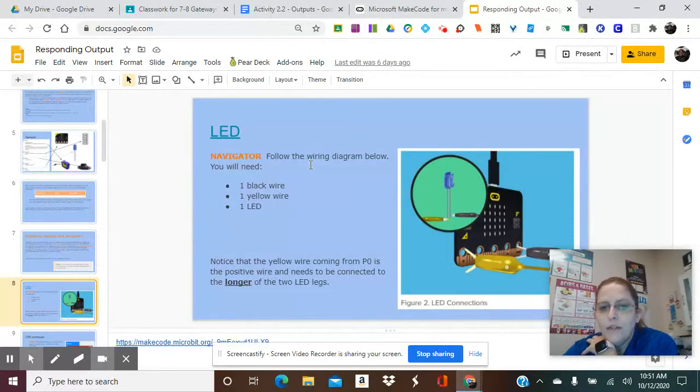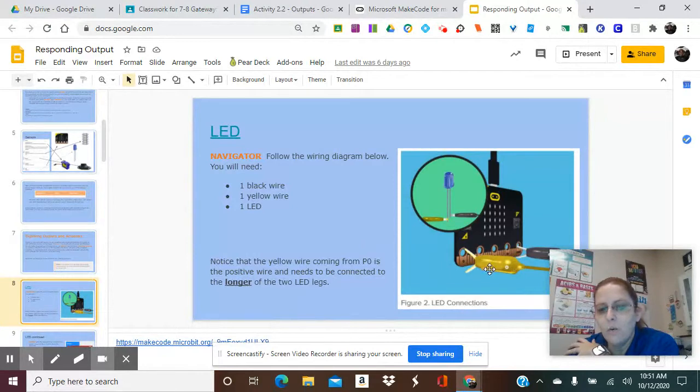If you're at home or if you're at school, you can go ahead and lock that in. So you're going to plug into the 0 and the ground wire. And then notice that the light has one longer leg than the other. The positive wire needs to be connected to the longer of the two legs.